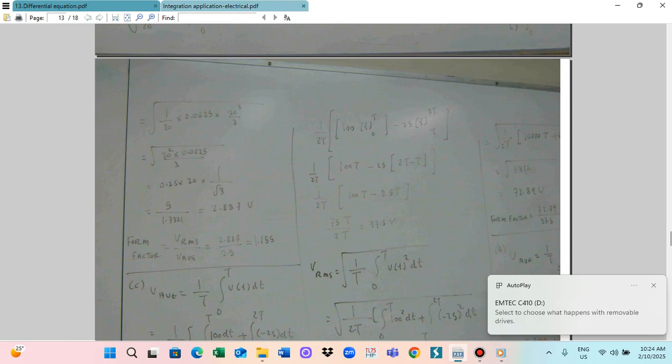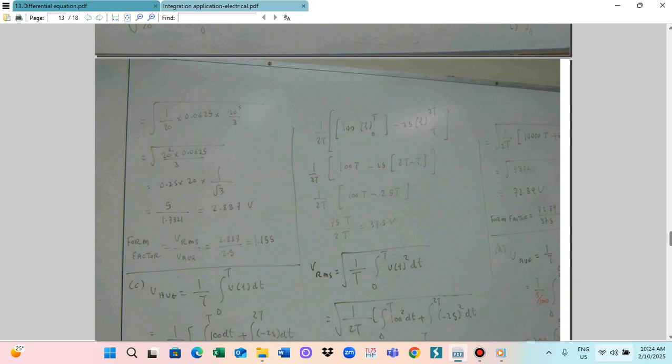So 5 divided by 1.7321, and you get 2.8874.